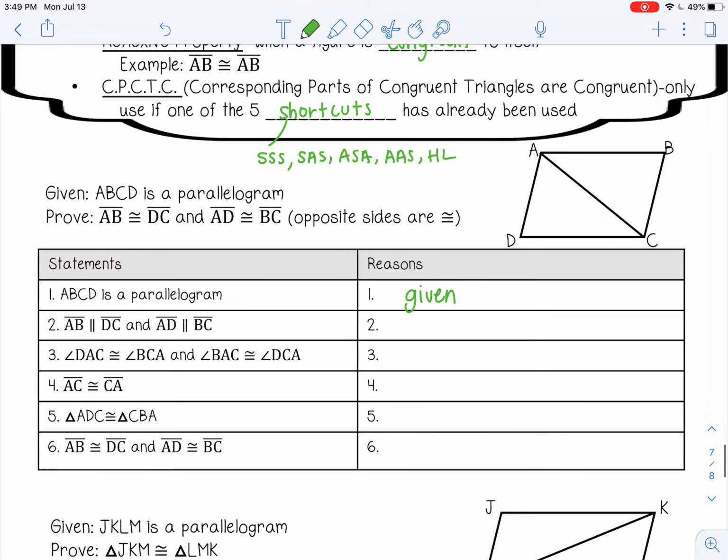And then number 2 says line segment AB is parallel to line segment DC, and line segment AD is parallel to line segment BC. So the reason we know those are parallel is because, of course, this is a parallelogram. So you could say opposite sides are parallel, and I'm going to abbreviate, because this is a parallelogram.